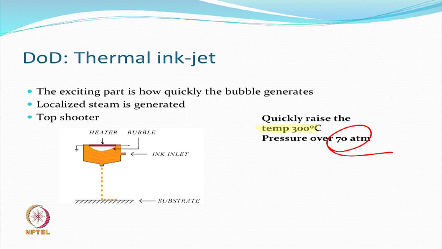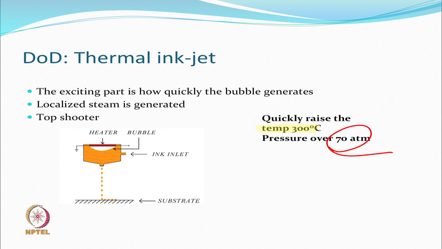So, it is localized wherever there is heating. For example, there is a heater here, it gets heated, and just around this point the temperature rises very quickly. Quickly means in fractions of a second you are at somewhere around 300.